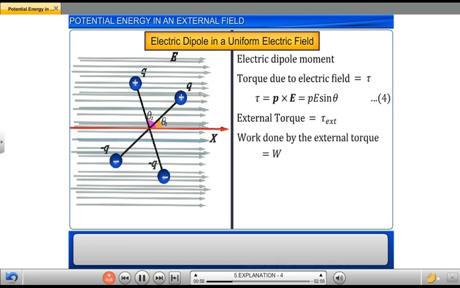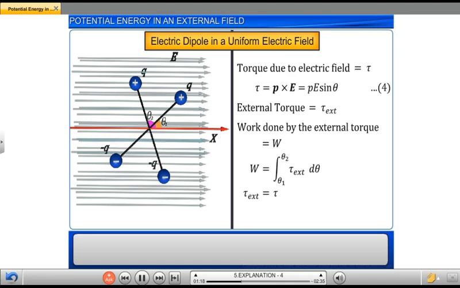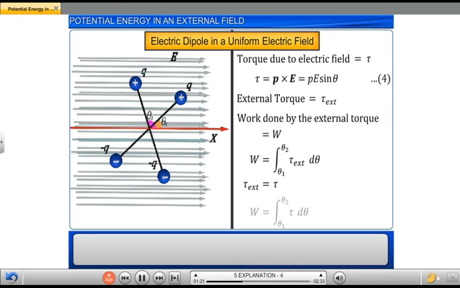Let the work done by the external torque in this process be W. Then, W is equal to integral tau external dot d theta in the limits θ1 to θ2. As tau external is equal to tau, we can write W is equal to integral tau d theta in the limits θ1 to θ2.